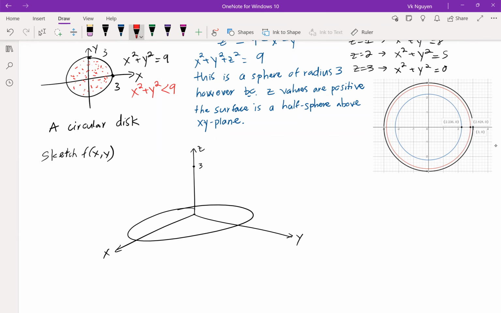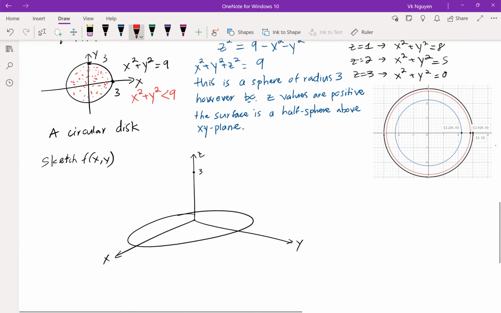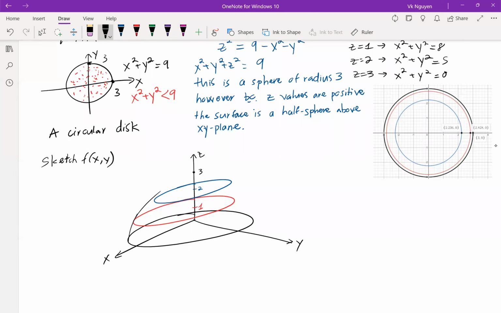So z equals 1. Hopefully it looks like a half sphere. But this way it looks like one.